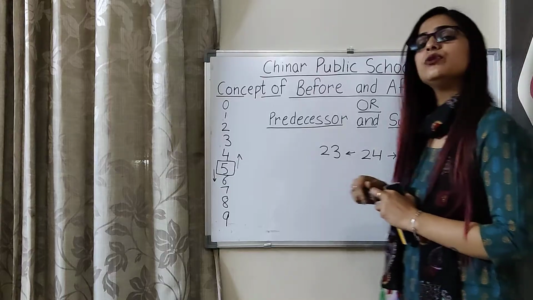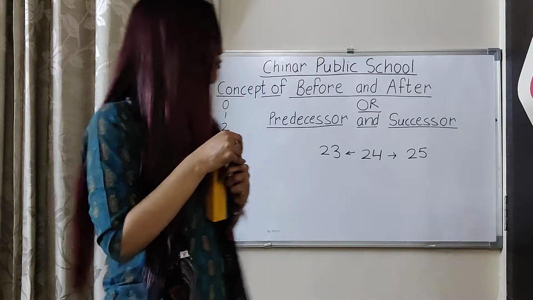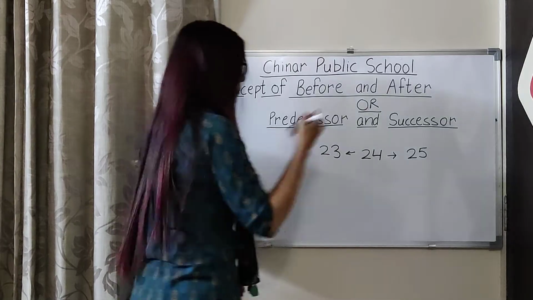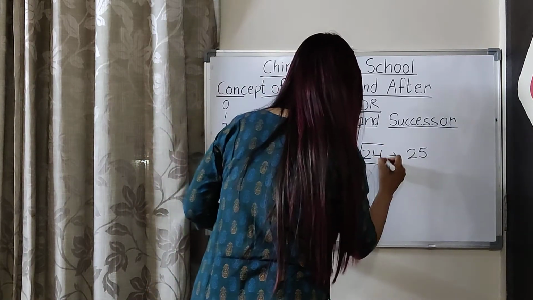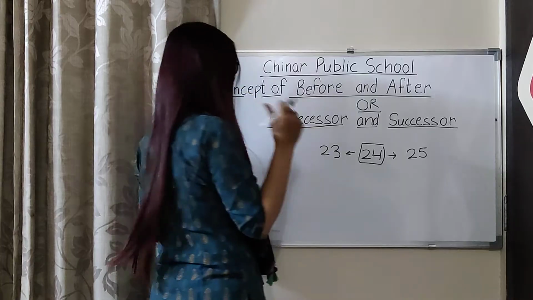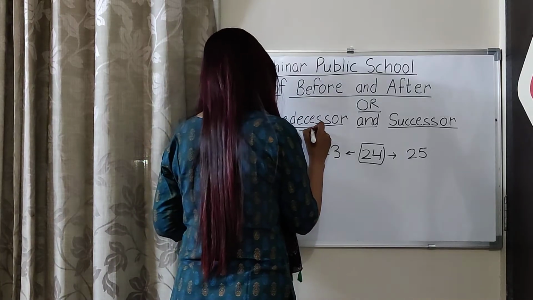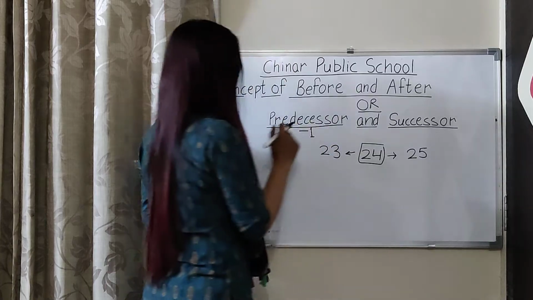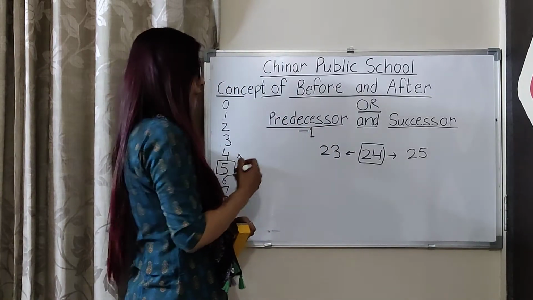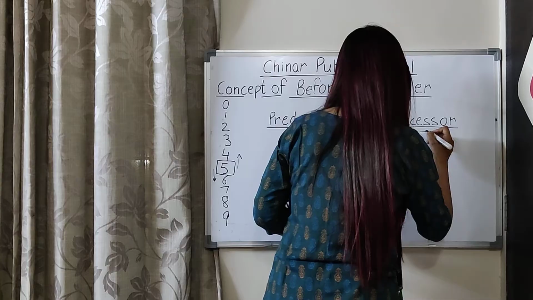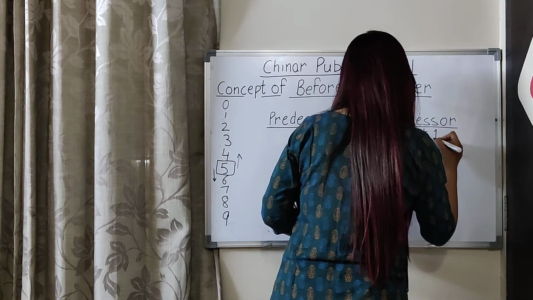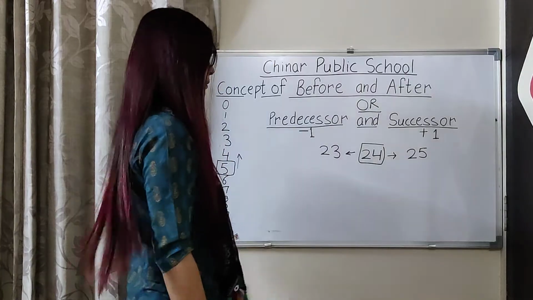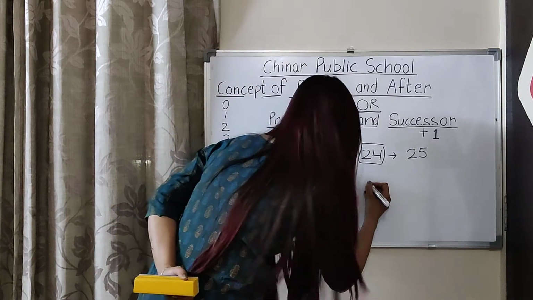Clear? Now you know what? If we have to calculate the predecessor and successor, अगर हम given number में 1 को minus कर देंगे ना, then we will get the predecessor number. And if we add 1, plus 1 करेंगे ना, then we will get the successor number. Let us try.